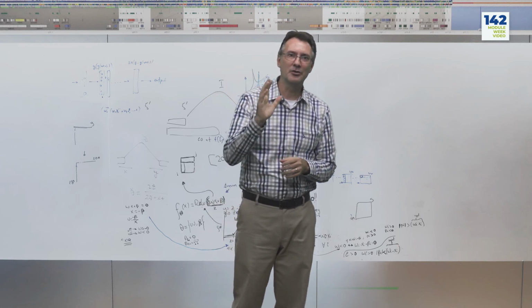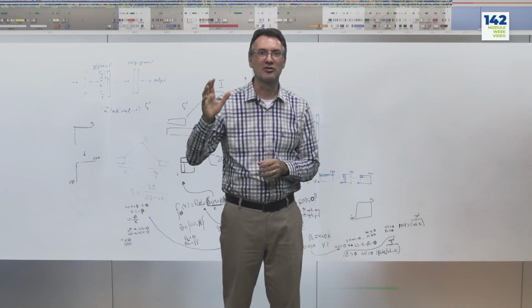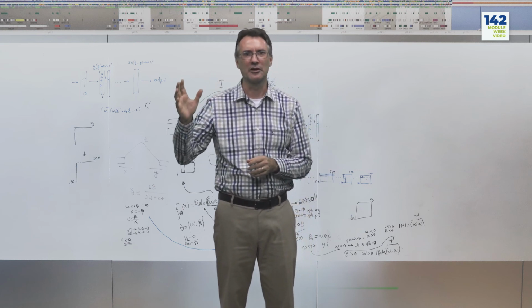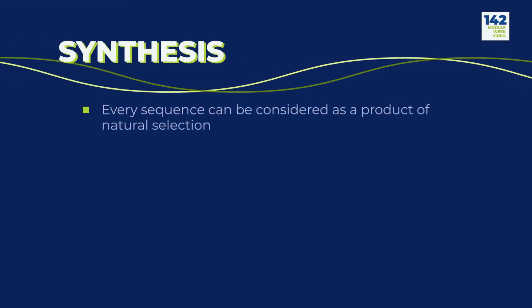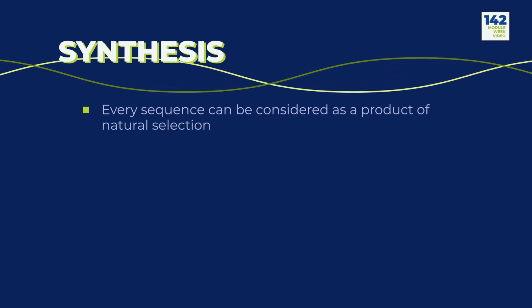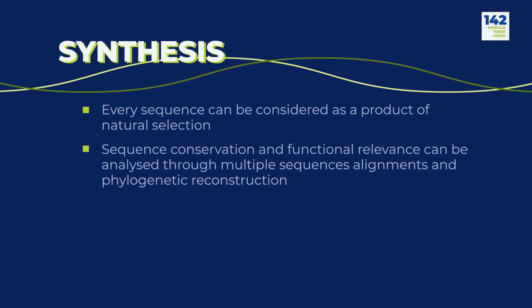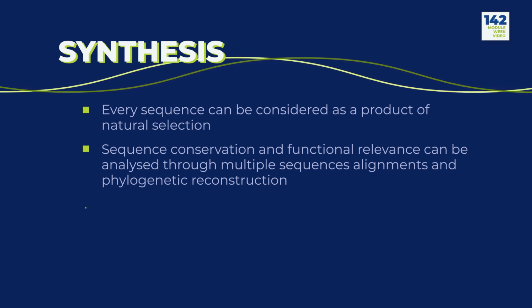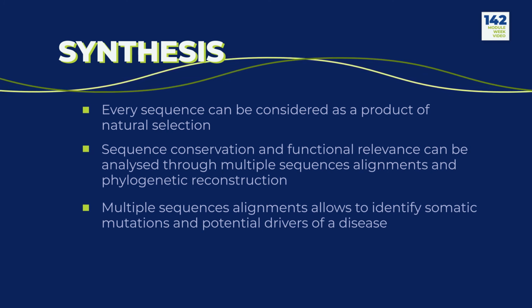So, let's recap everything we've just said. The fact that biological sequences are the product of an evolutionary process comes along with many benefits for us. It allows us to consider every sequence as the product of natural selection, thus making it possible to associate sequence conservation and functional relevance. The tools of choice to do this analysis are multiple sequence alignments and phylogenetic reconstruction.